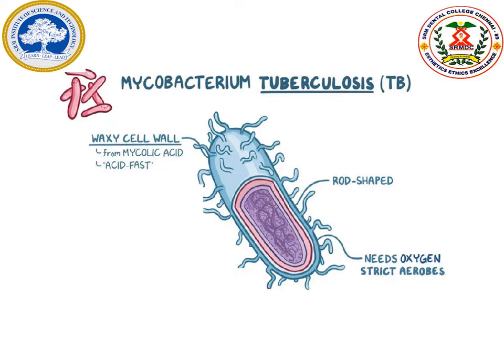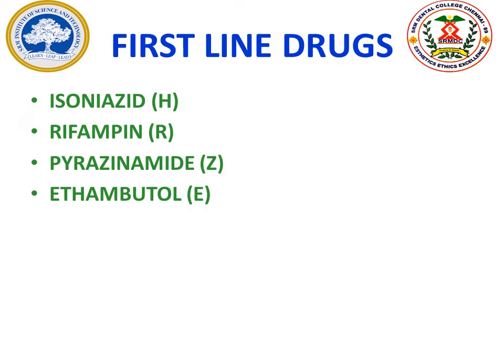So how are we going to treat Mycobacterium tuberculosis? There are many drugs available. First line drugs are very specific against Mycobacterium tuberculosis and have low toxicity compared to the other drugs used in the treatment of tuberculosis.